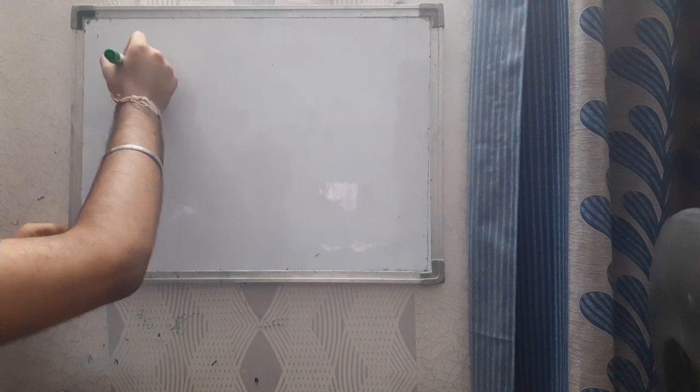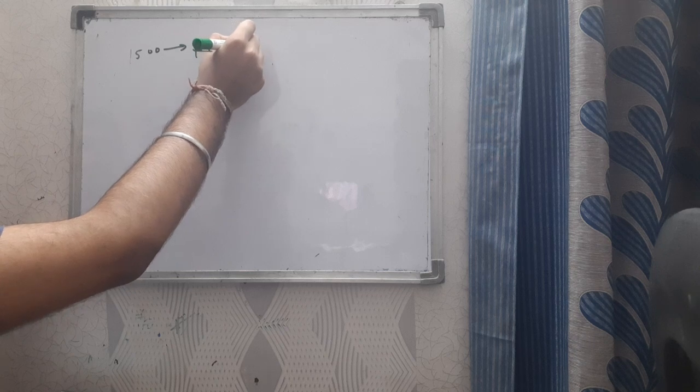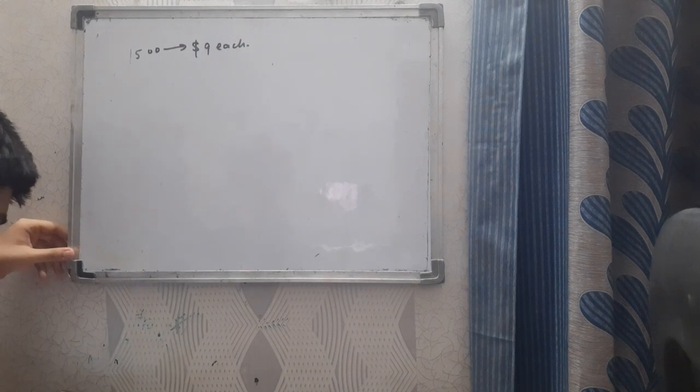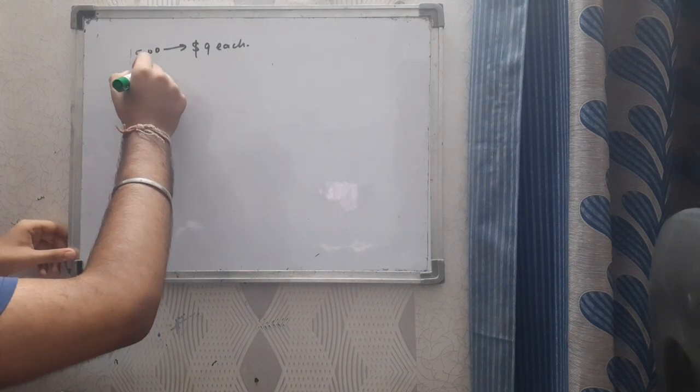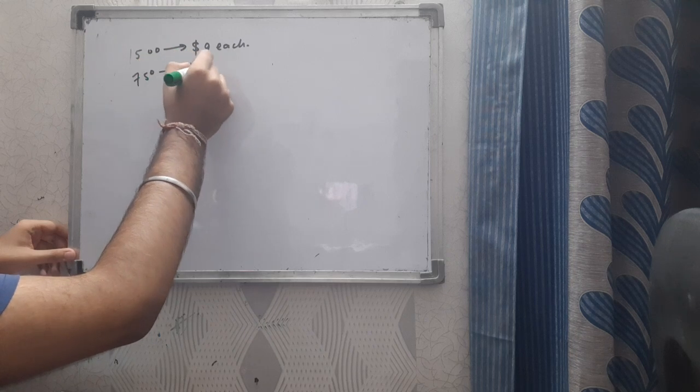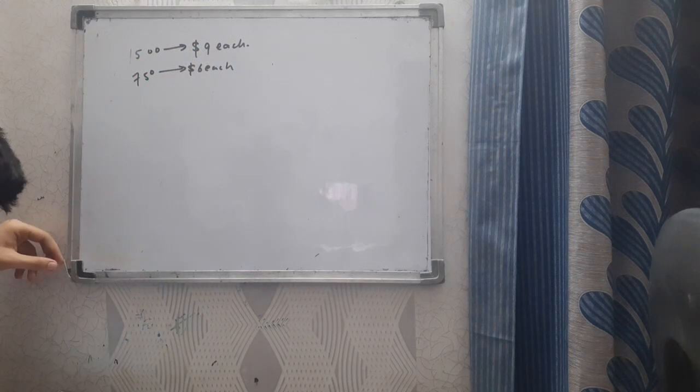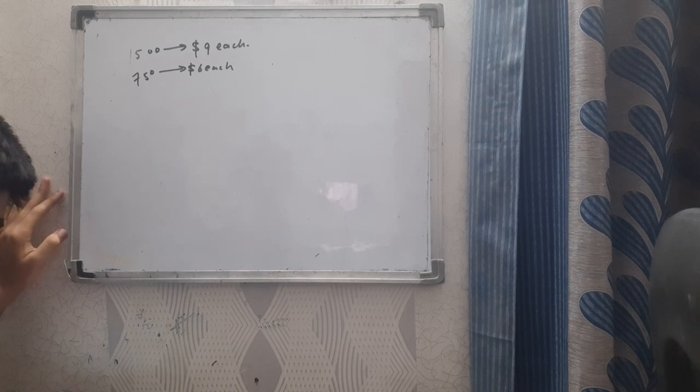Okay, so the first question is: company X sold 1500 units of its product for $9 each, and 750 units for $6 each. If the company's cost of production for each product was $7, what was the company's profit or loss on the sale of 2250 units?